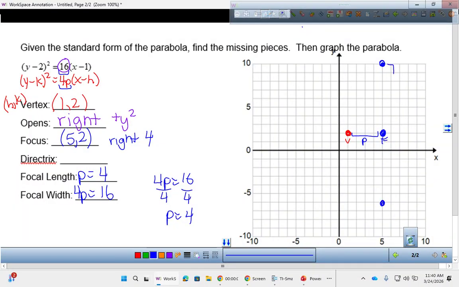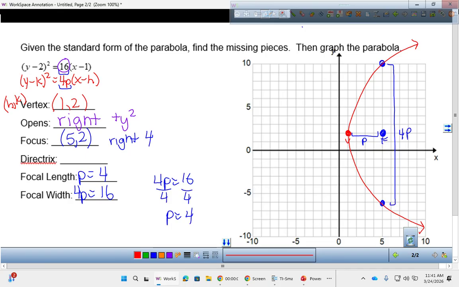So this total distance is my 4p. That's how wide my graph is. At this point, I technically could graph my parabola. I know it opens to the right, and it's going to connect through those width points. So that's what the parabola looks like.